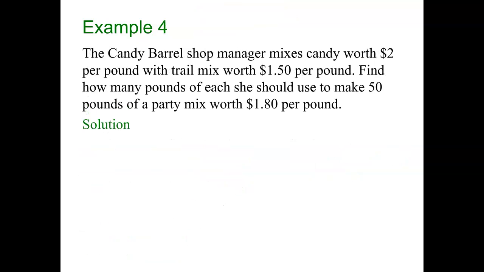Candy Barrel Shop mixes candy worth $2 per pound with trail mix worth $1.50 per pound. Find how many pounds of each you should use to make 50 pounds of a party mix worth $1.80 per pound. Define our variables.